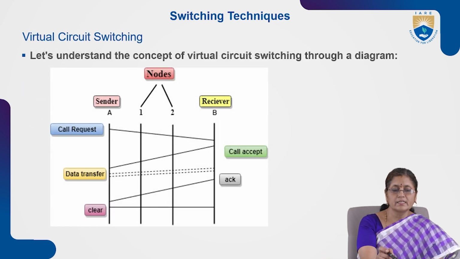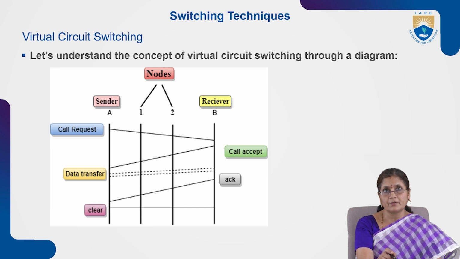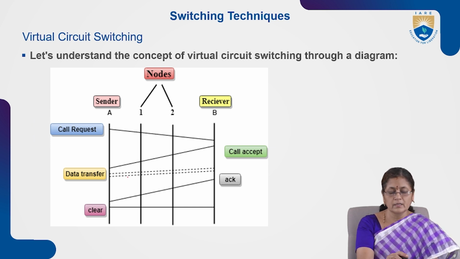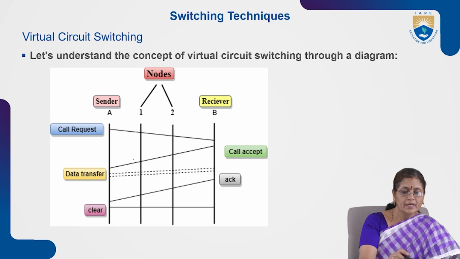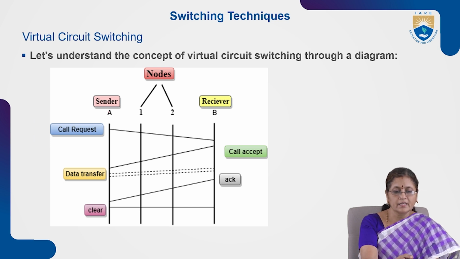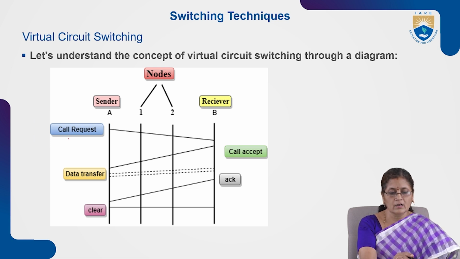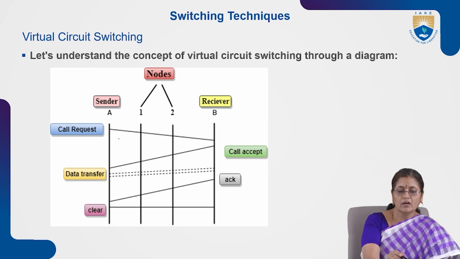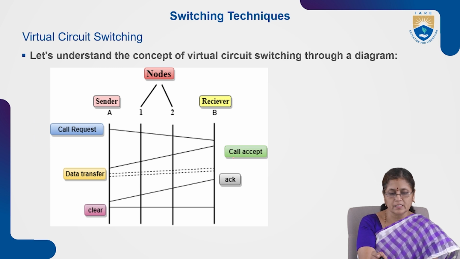So let us understand virtual circuit switching with the help of a diagram. Here A is the sender, B is the receiver, and 1 and 2, let us assume, are the intermediate nodes. First of all, if a sender wants to send the data, it sends the call request. When the call request is sent, the receiver receives the call.